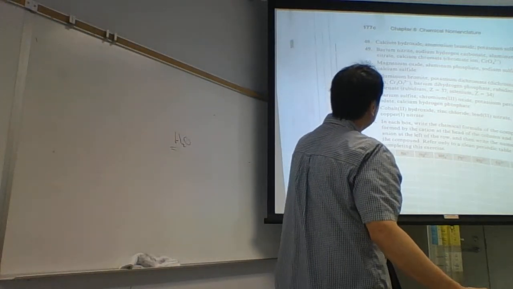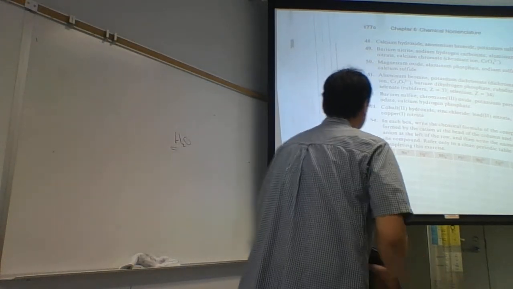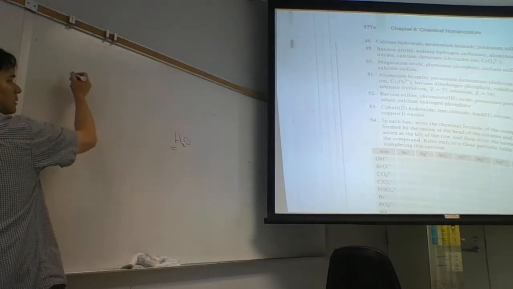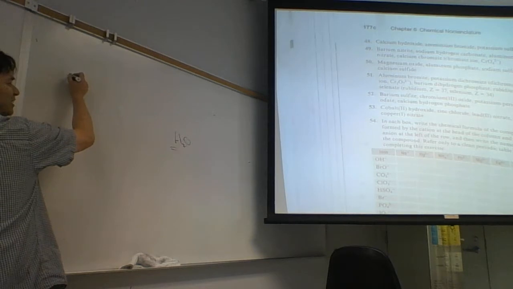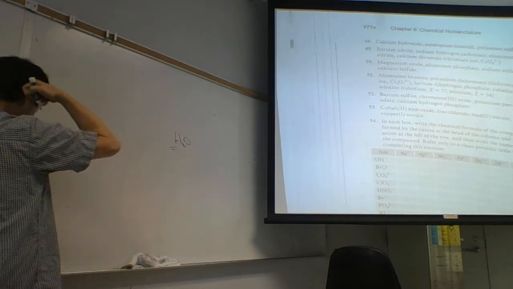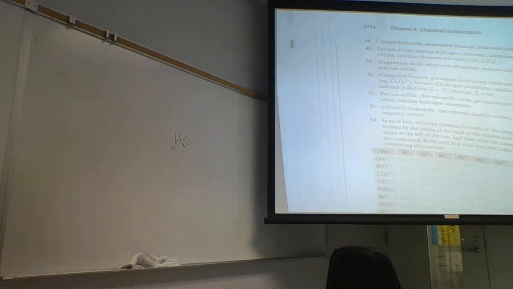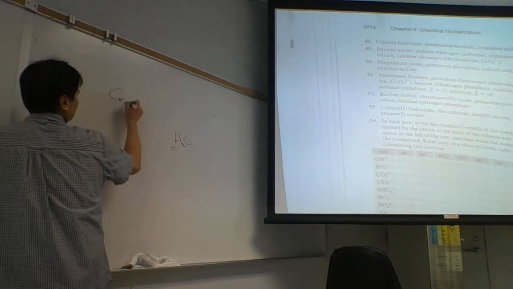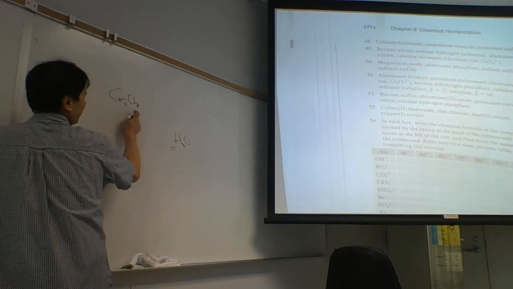Let's continue here with potassium dichromate. Potassium dichromate is risky stuff. What was the formula? Chromate is CrO4 minus, right? And so what is dichromate? Cr2O7. What happened to that oxygen?